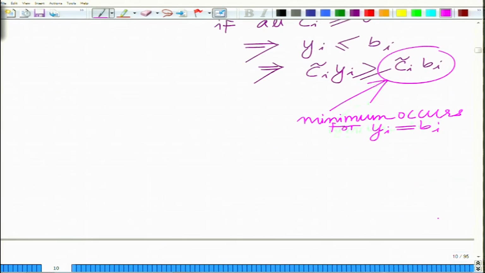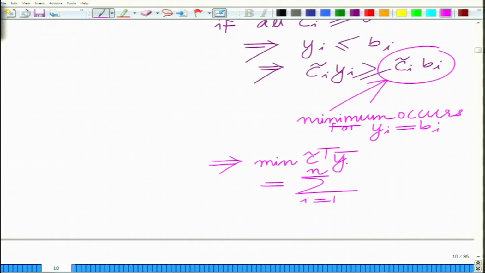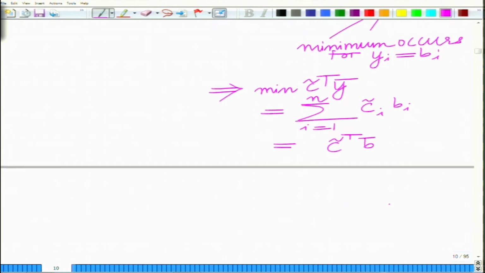And therefore, the minimum of C tilde transpose y bar equals, well, summation i equals 1 to n C tilde i into b i, which is equal to C tilde transpose b bar, and we know what is C tilde transpose.